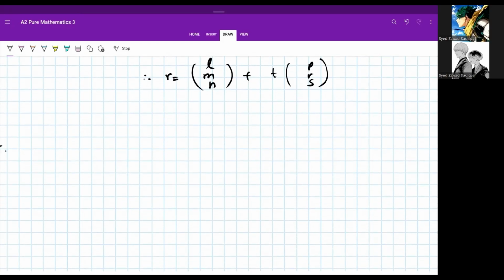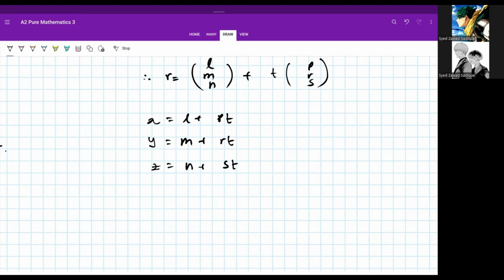So we can say x, y, z equals L plus Pt, M plus Rt, N plus St. Okay.